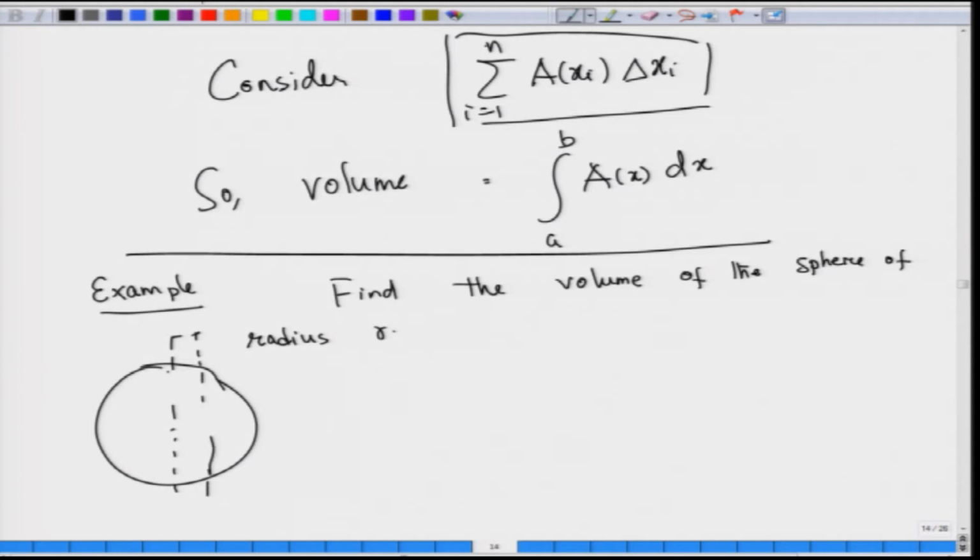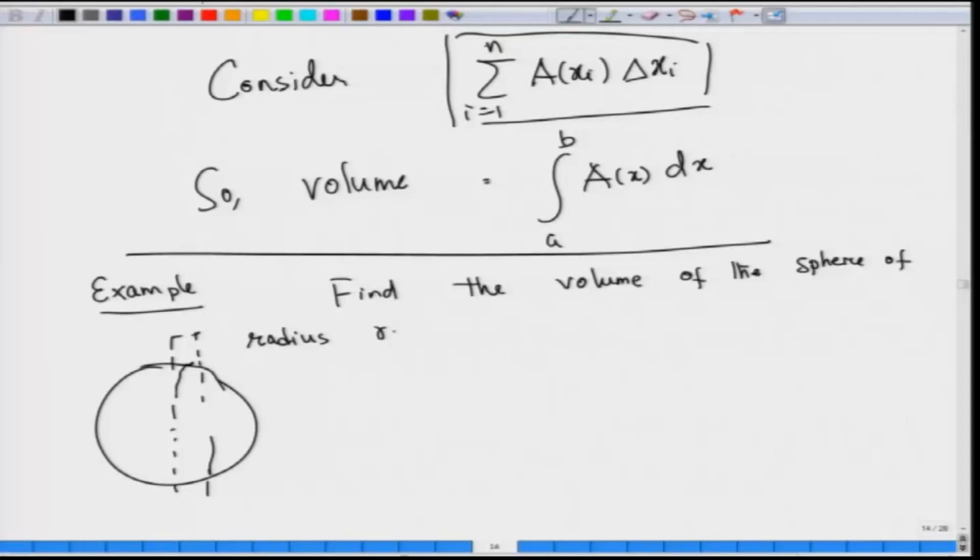What is the surface you are going to get? This will look like a circle. Now, if you cut at this point with a partition, then this is the circle.